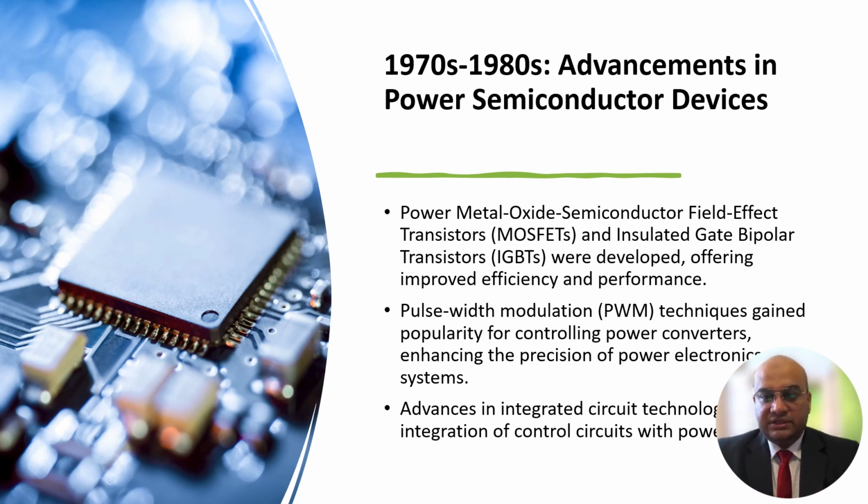Pulse width modulation or PWM technologies also gained popularity as a control for power converters during this time, enhancing the precision of power electronic systems. Advancements in integrated circuit technology and integration of control circuits with power electronics were seen during this phase of time.